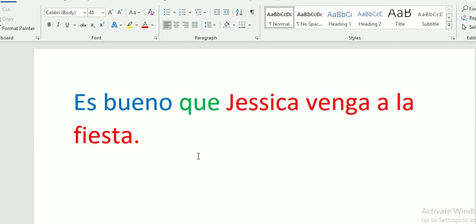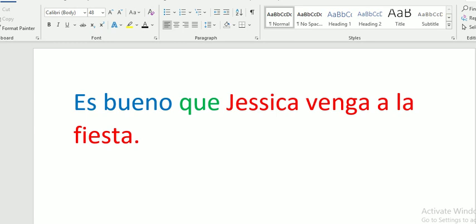What happens in the subjunctive clause is that the form of the verb that you would typically use in the present tense, for example here, venga, if you use the regular present tense, the indicative version of this very same verb, it would be viene.